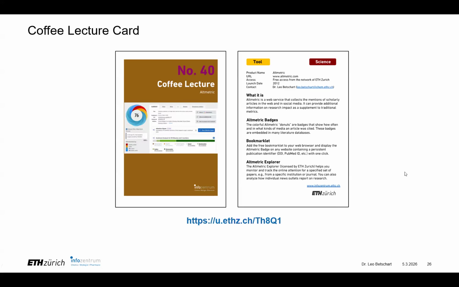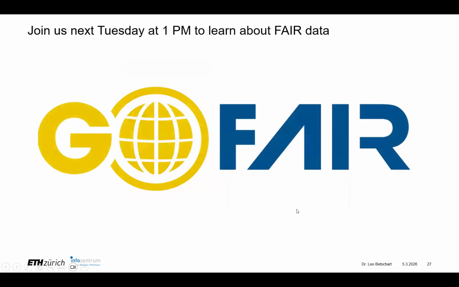I also want to make a little ad for next week's coffee lectures. Next Tuesday, my colleague Emmanuel is going to be talking about FAIR data. FAIR means findable, accessible, interoperable, and reusable. Things are changing a bit in science in how you publish or handle your data.